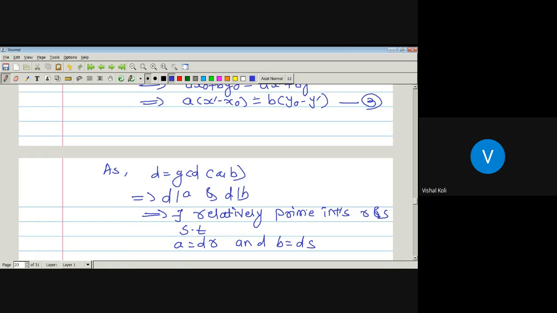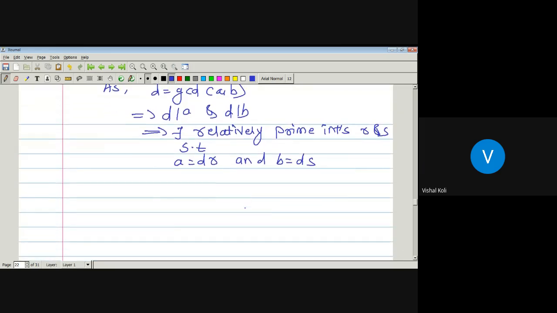Okay, these are the relatively prime integers. Since d divides a and d divides b, whatever is common between r and s must also be cancelled. So d divides a and d divides b, which implies there must exist relatively prime integers r and s, such that a is equal to dr and b is equal to ds.